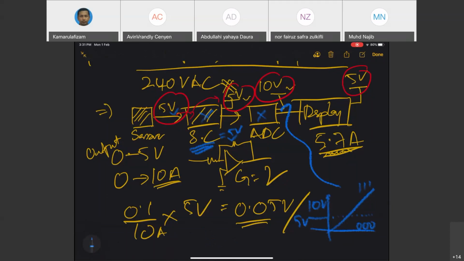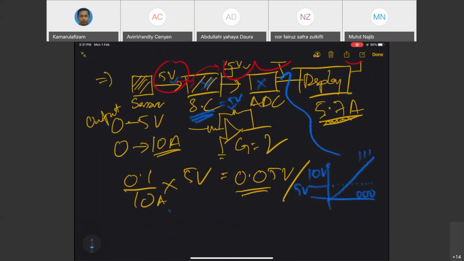wait a second, I got it wrong. When your information is basically in 5 volt, okay, it can be anything. When you go to ADC without changing the level, let's say for example here the ADC is 10 volt, okay, you will basically have your information only swing at this point. All right.